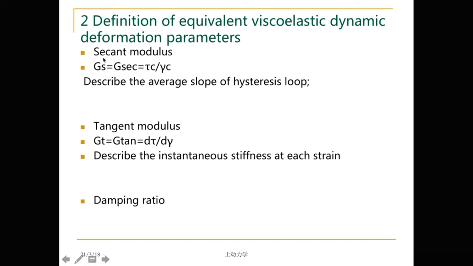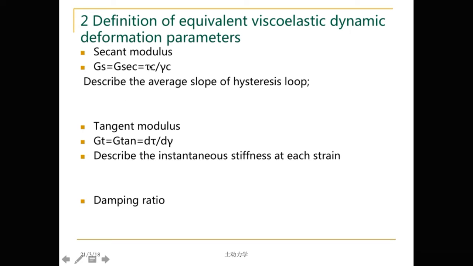The first one is the secant modulus, and we use G as its subscript, meaning secant. G secant is equal to tau c divided by gamma c.